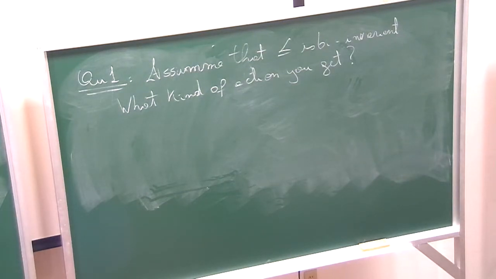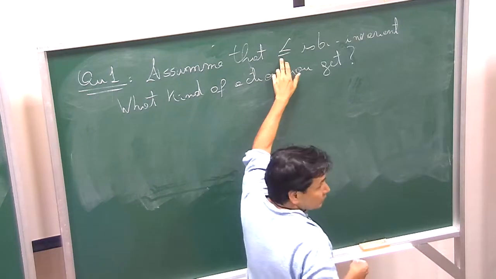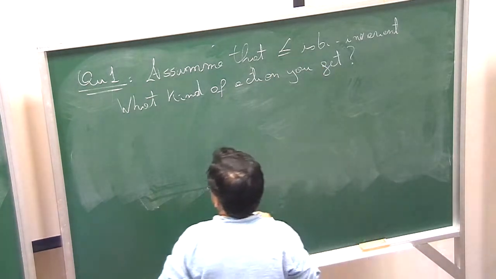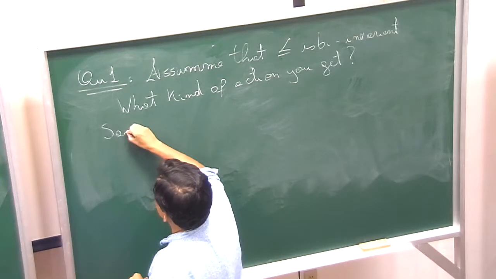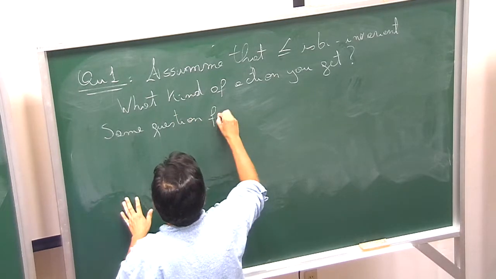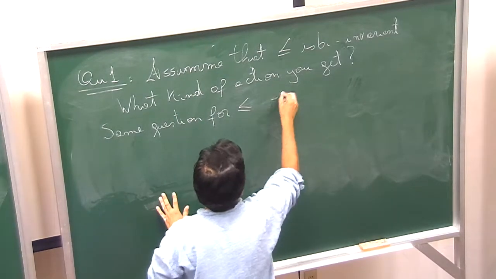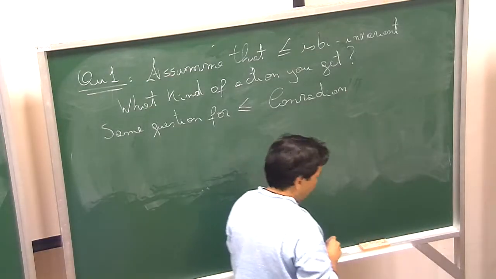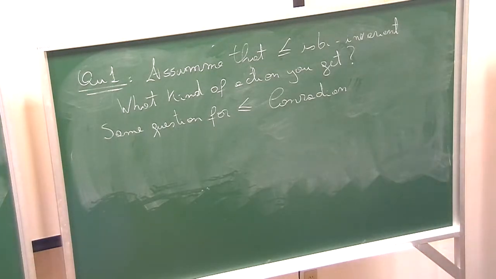And the same question if the order is Conrad, what kind of action do you get? Okay, you will get some particular actions. And this is somehow the spirit of the dynamical approach.